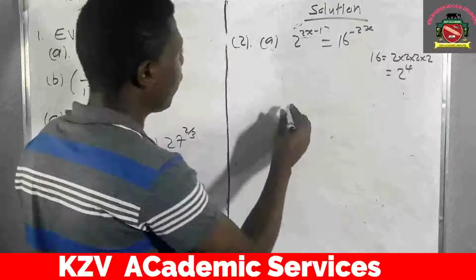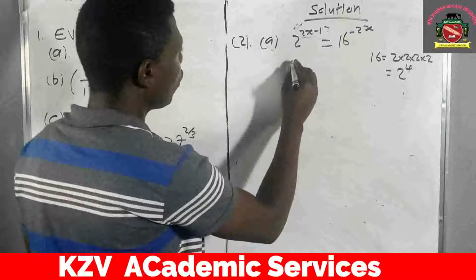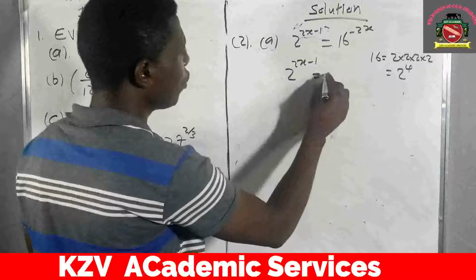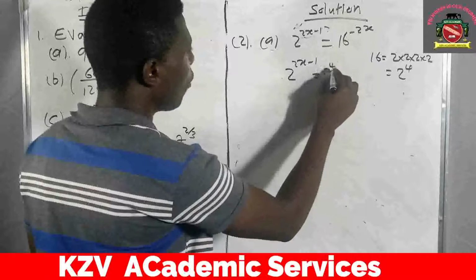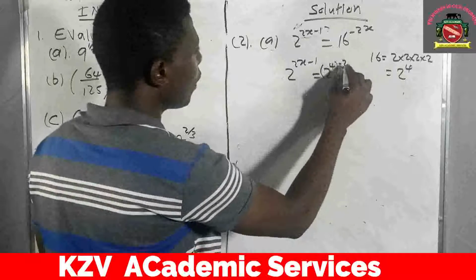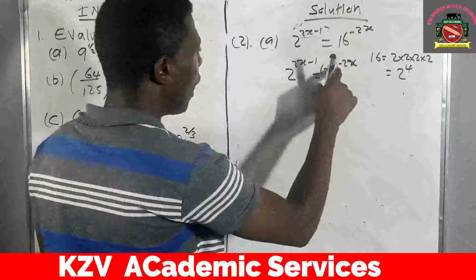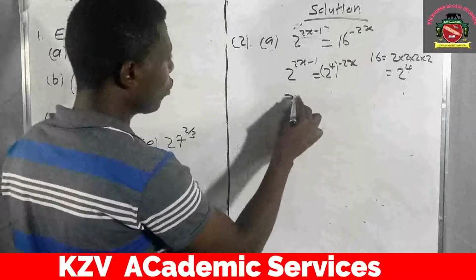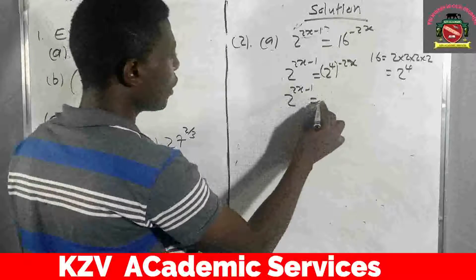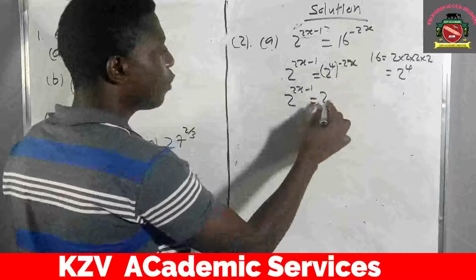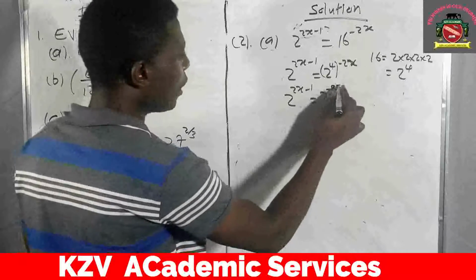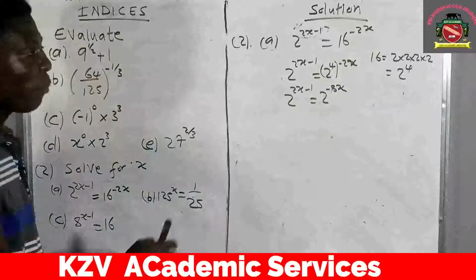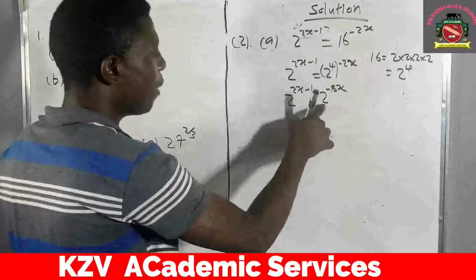So now we are saying that 2 to the power 2x minus 1 is equal to 2 to the power 4, and this is raised to the power negative 2x. Then we can write this as 2 to the power 2x minus 1 is equal to 2. Now 4 times negative 2x gives us negative 8x. Now here we have the bases are the same.